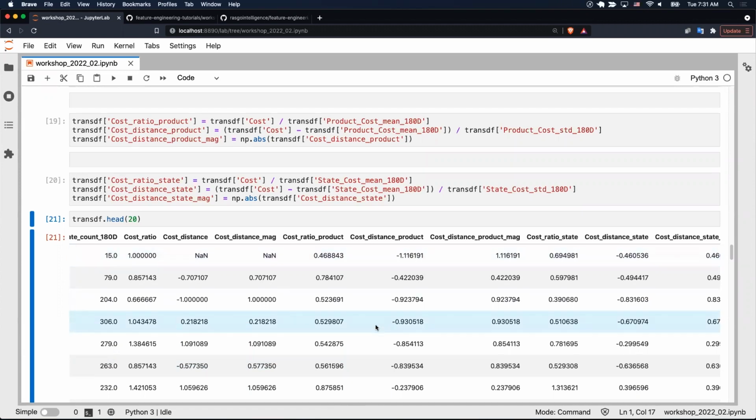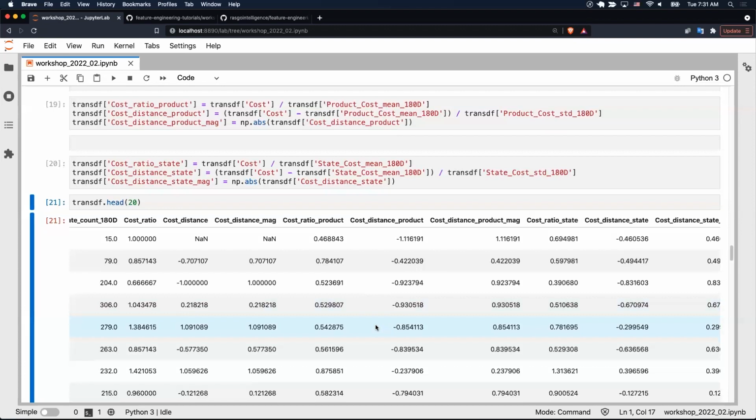So before I move on to lags, I know there was a question about rolling. I just want to take this as an opportunity to stop and re-explain rolling. What I'm trying to do is create an aggregation of customer behavior, customer transactions in the past, right?